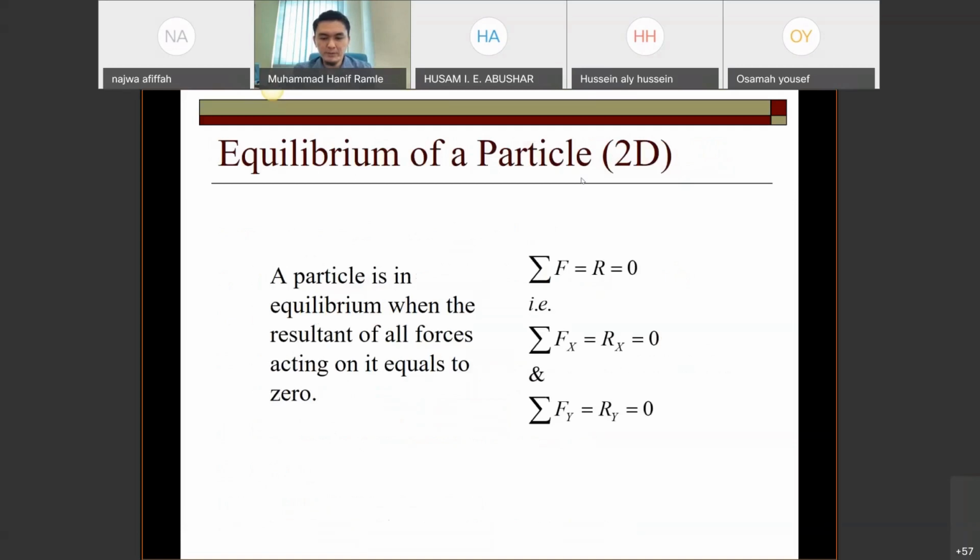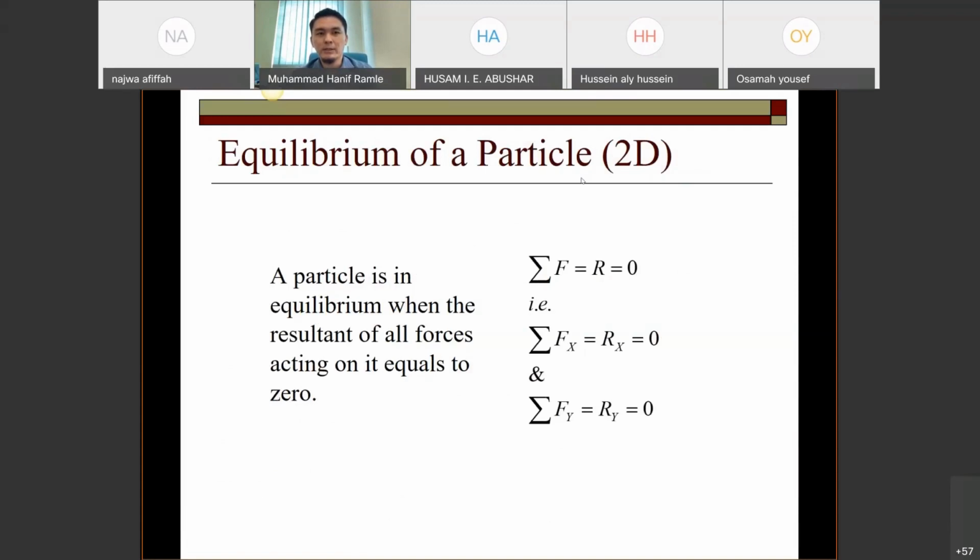So I believe that Dr. Aisha already covered this one. It is about equilibrium of a particle in 2D, two dimensions. So basically, we have 2 axes in 2D, x and y axis.